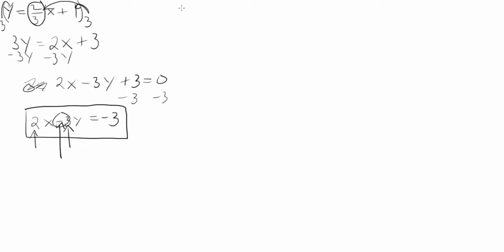Let's take a look at this. Let's do y equals negative 3/5 x plus 2. I want to convert it to standard form, so I multiply everything by 5 to get rid of that denominator, and I get 5y is equal to negative 3x plus 10 when I distribute the 5 to everybody.